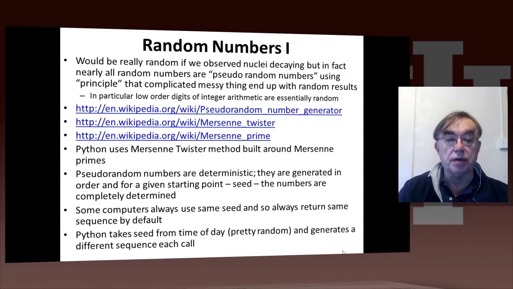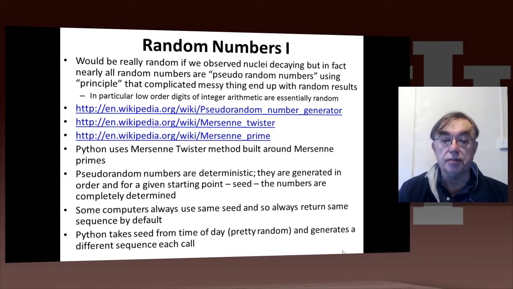Rather, what computers use are so-called pseudo-random numbers, and they use our basic principle that if you take something pretty complicated and messy, then you often get random results. And in the case of pseudo-random number generators, the things that are usually messy are the low order digits of integer arithmetic.